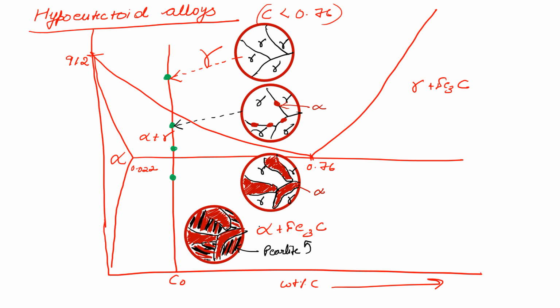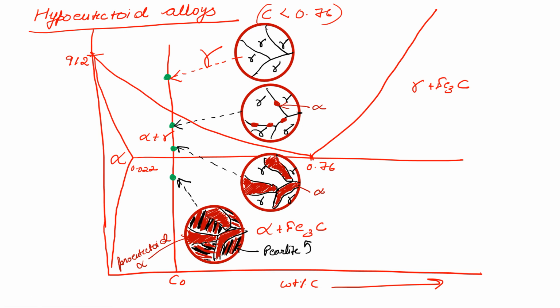So ferrite and carbide phase is called perlite. And this here, as we said, which was precipitating out early, this is what we call the pro-eutectoid alpha, right? So this corresponds to this phase region, this microstructure. Great.